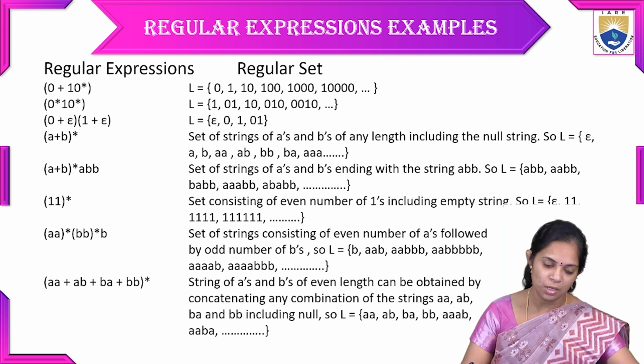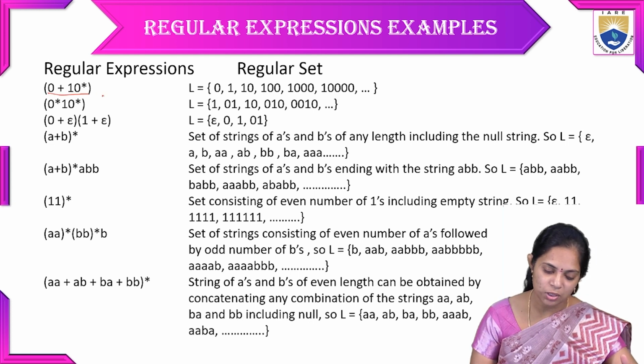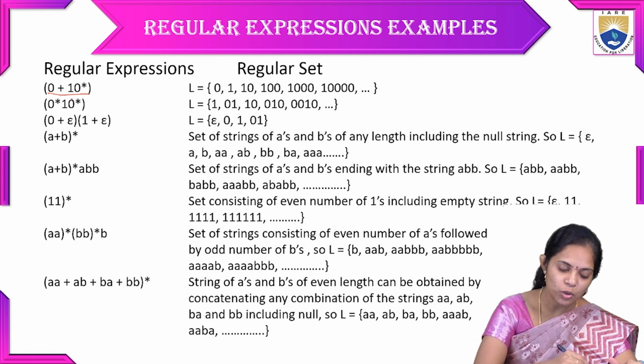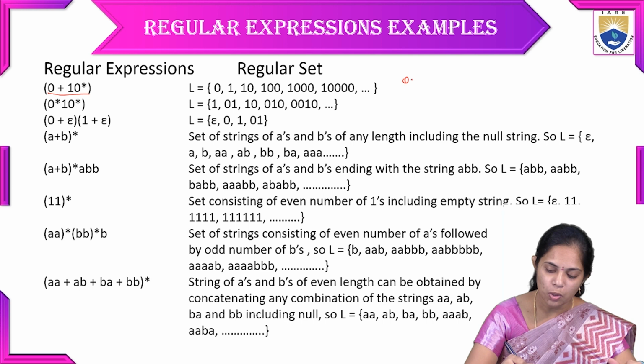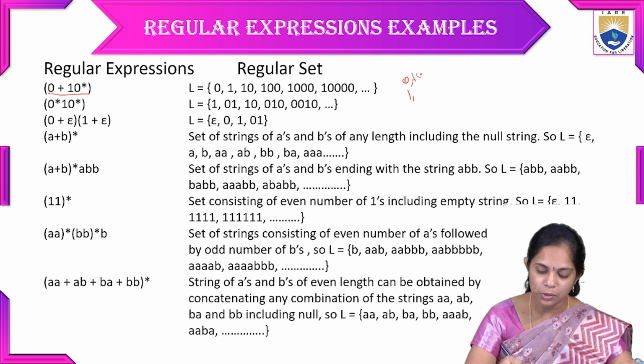Next slide. Here are some examples of how we declare regular expressions with their regular sets. Take (0+1)0*. The string starts with either 0 or 1, and after that comes 0 star. So either 0 or 1 we start with, and we also get 1, 0, and epsilon.